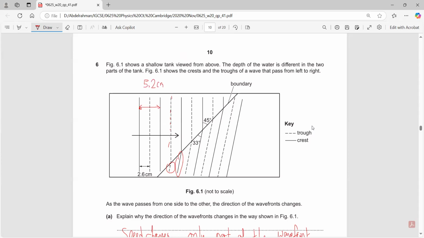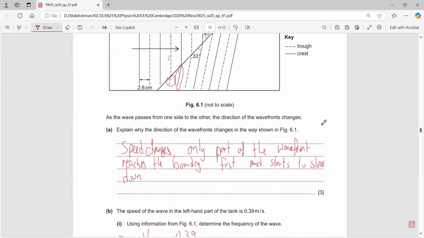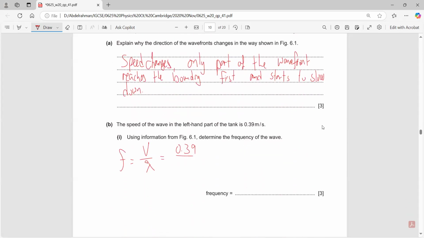Convert 5.2 centimeters to meters by dividing by 100, which is 0.052 meters. So the frequency would be around 7.5 hertz.